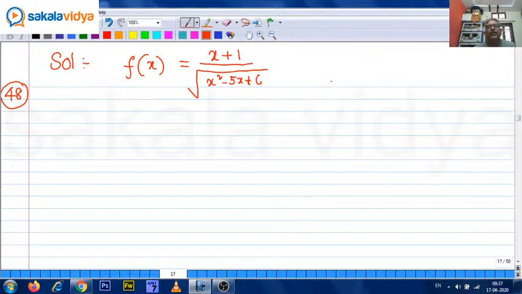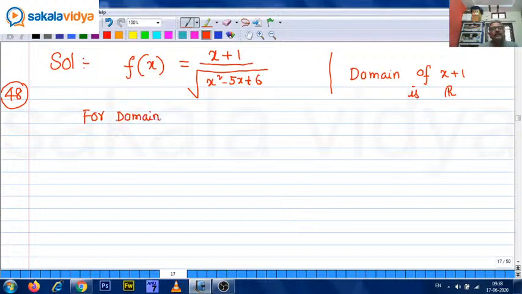So here, write down: domain of x plus 1, the numerator. The domain of x plus 1 is R, the set of real numbers. Now you need to find the domain of root of x square minus 5x plus 6, but it should not be equal to 0. That's why, for the domain, x square minus 5x plus 6 is greater than 0.